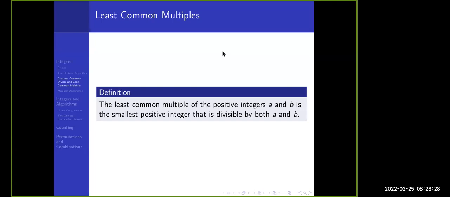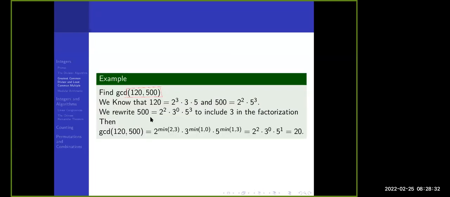Here we have 3 as a prime factor, but it does not appear in the second factorization. So for us to put it in our format, we include 3 as a factor there, but raise it to 0, because 3 raised to 0 is equal to 1, so it doesn't change anything.